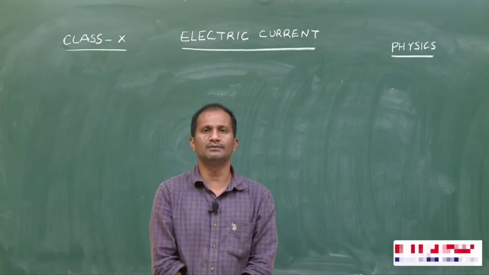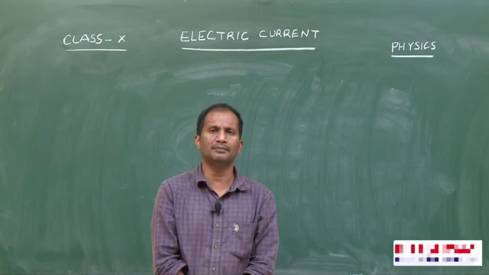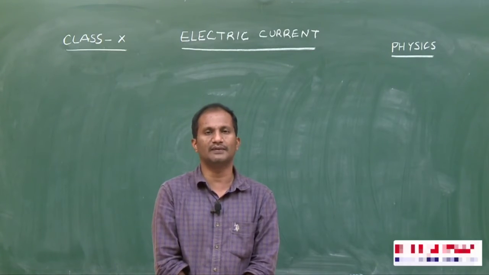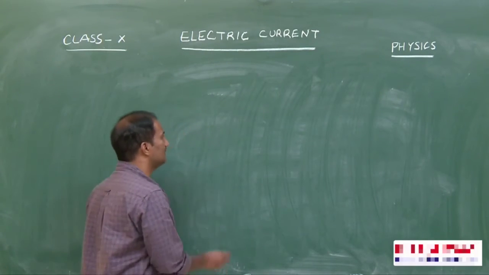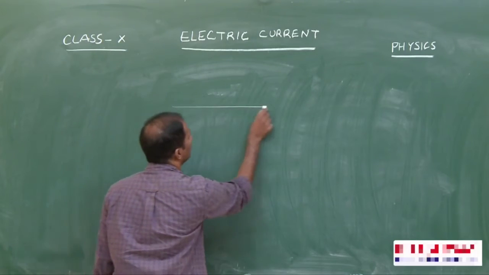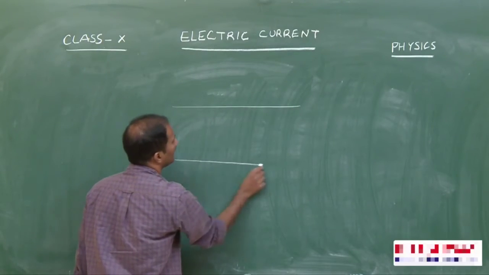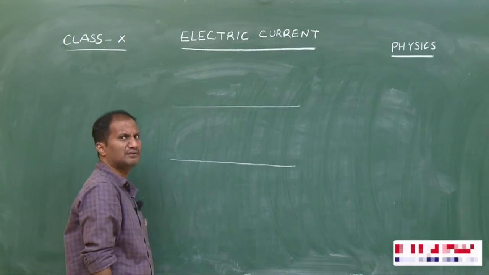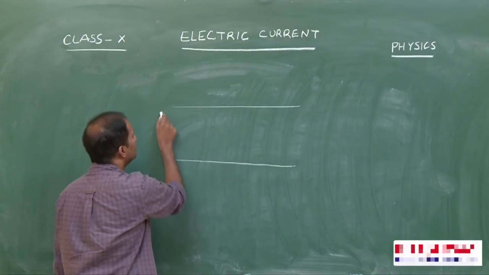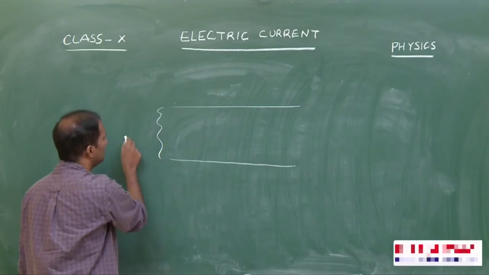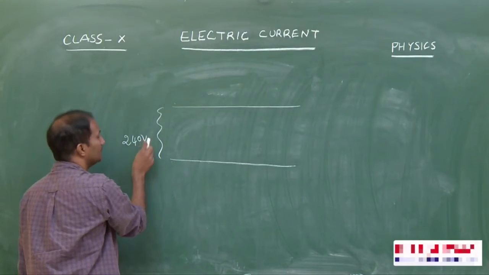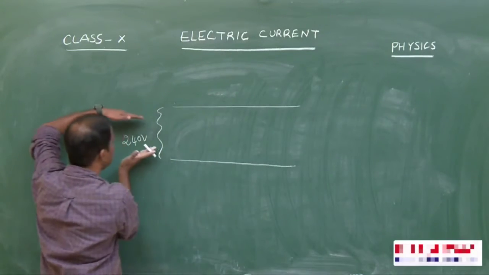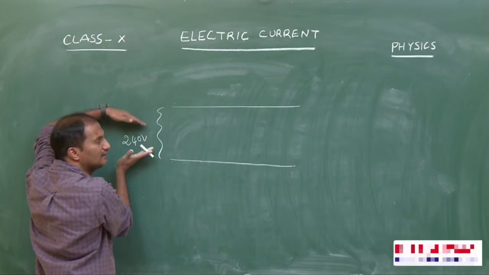Suppose these are the two parallel cables connecting to our home. The potential difference between these two wires is 240 volts, constant throughout their length.